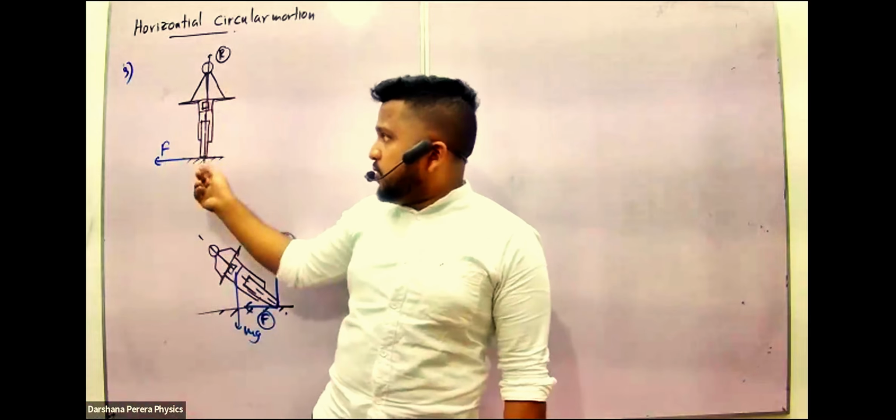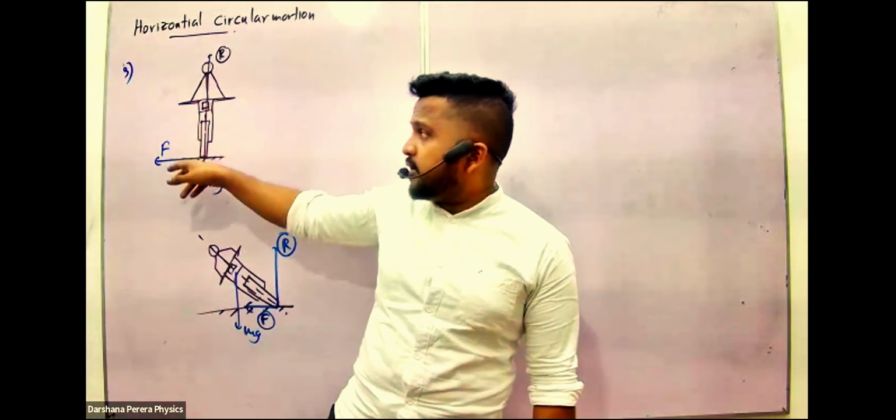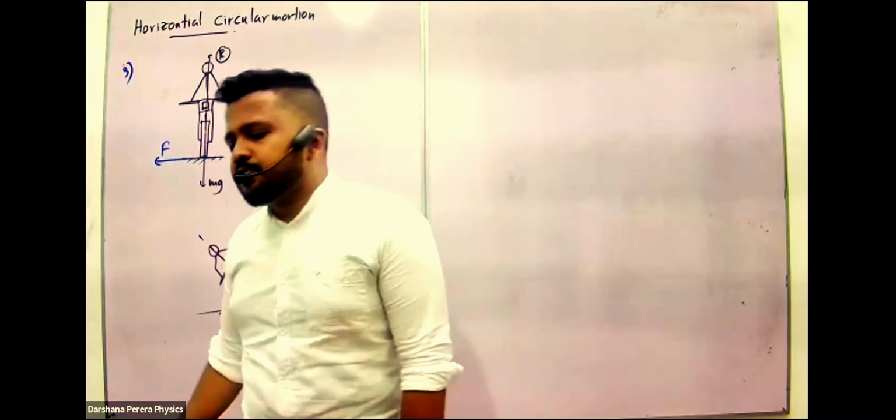Right. Write this down: he is trying to take the curve without leaning. Right? Let's talk about this situation. Write down the first one. The center of gravity is G. First diagram only.